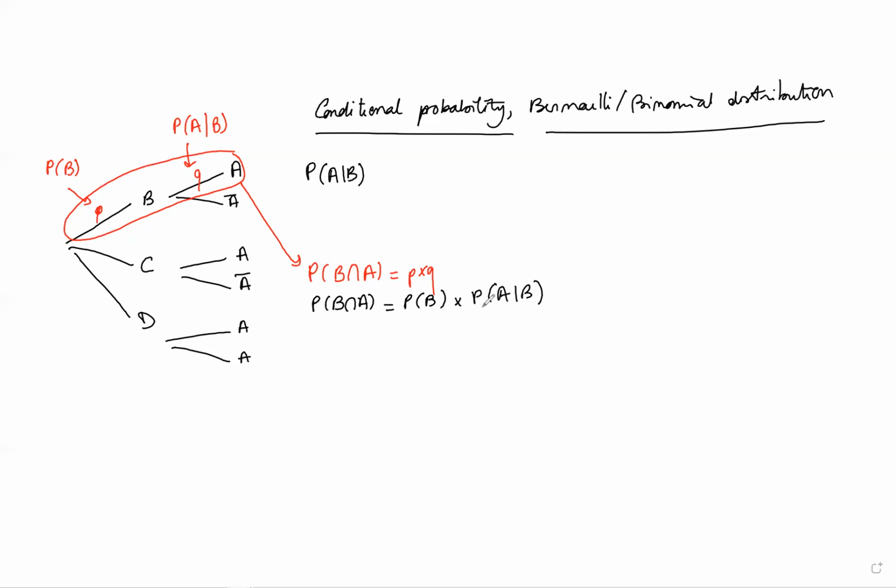So the probability of A knowing B is probability of B and A divided by probability of B. That is called a conditional probability. So that will be our first topic, and I'll give you examples in other videos.